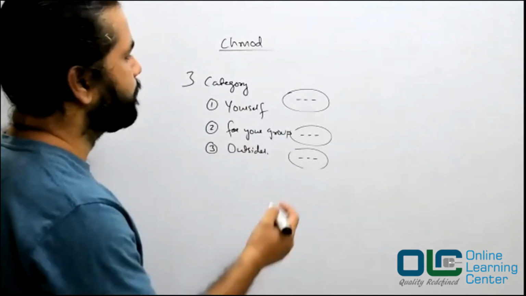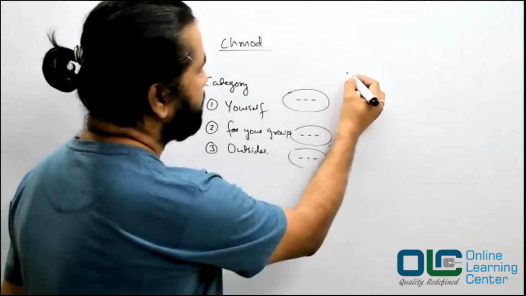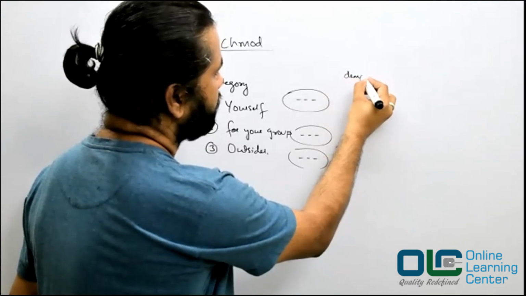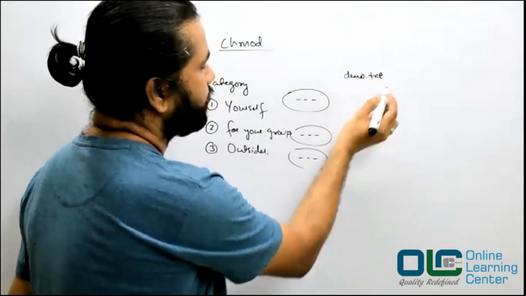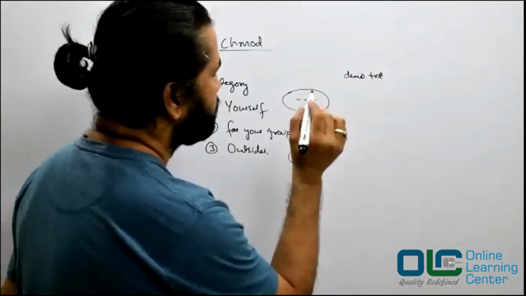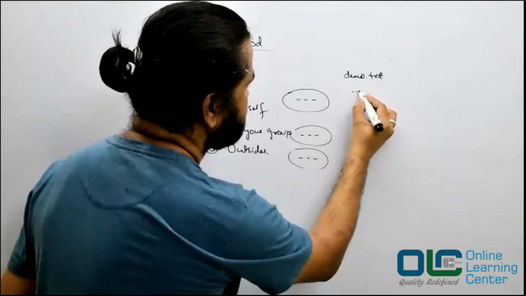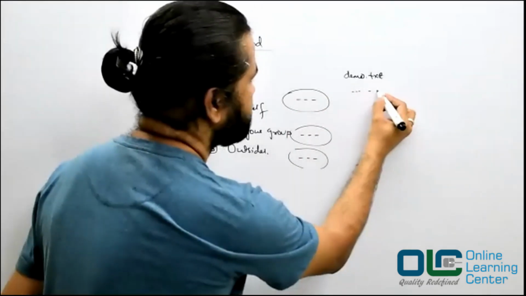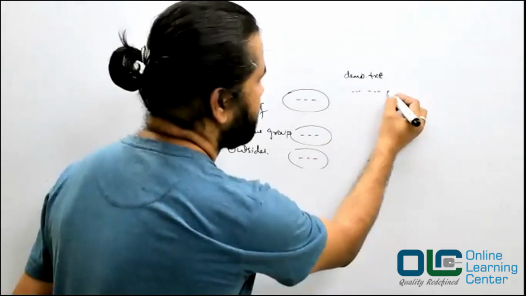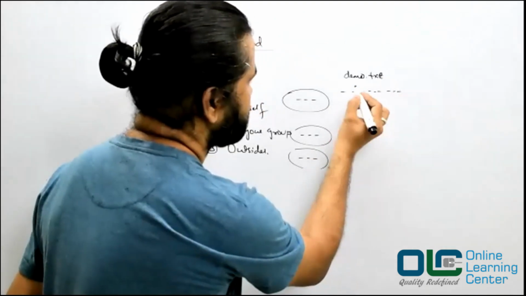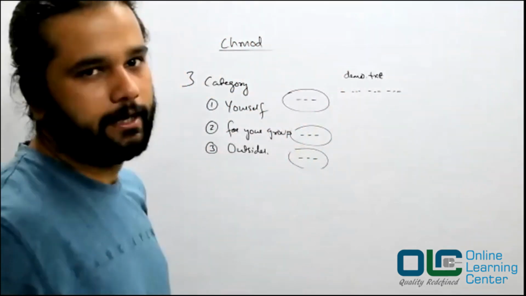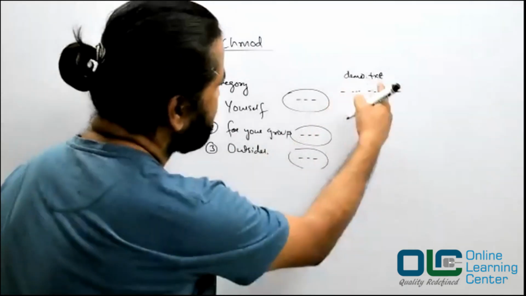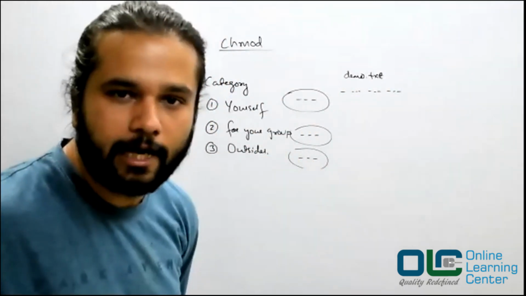For example, if I have a file called demo.txt, then by default there would be dashes created for that particular file. And what are those dashes? These dashes will actually tell you what the permission is.